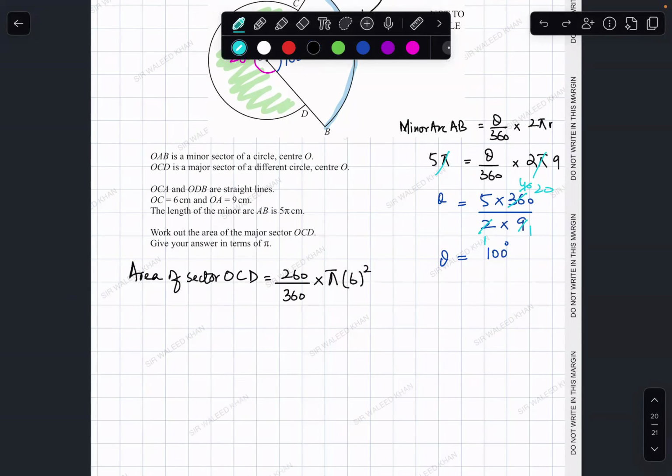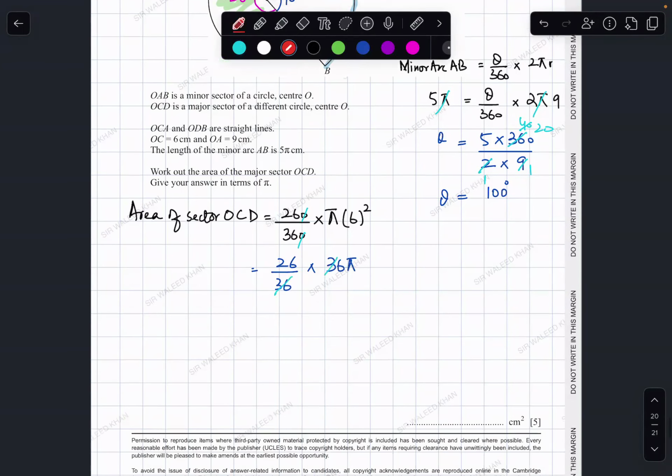You cancel out this, right? And I'm not going to cancel out that first. Let me first write it, 36 pi. Because I can cancel out the 36, that's fine. We have 26 pi. In terms of pi, that was the value required for the area of sector OCD.